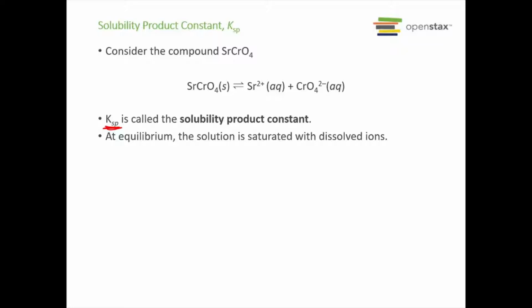For this reaction, KSP, the solubility product, is equal to the concentration of Sr2 plus times CrO4 2 minus. Very similar to KC. It's practically the same thing because SrCrO4 is 1.